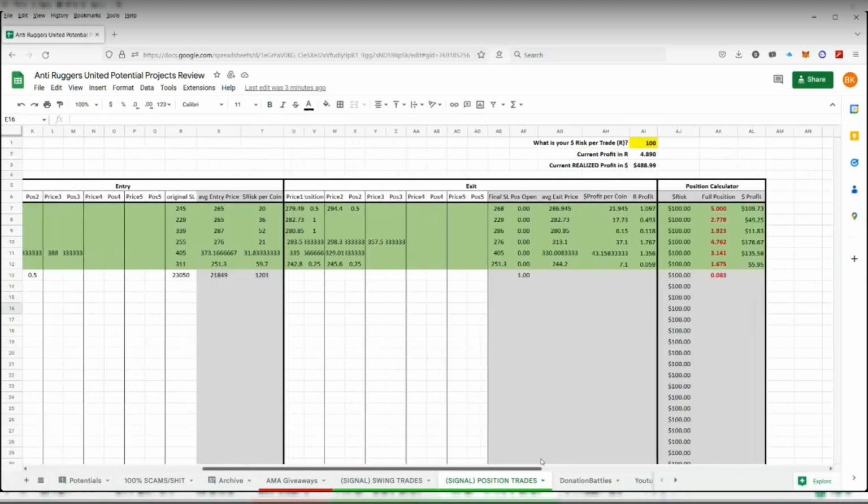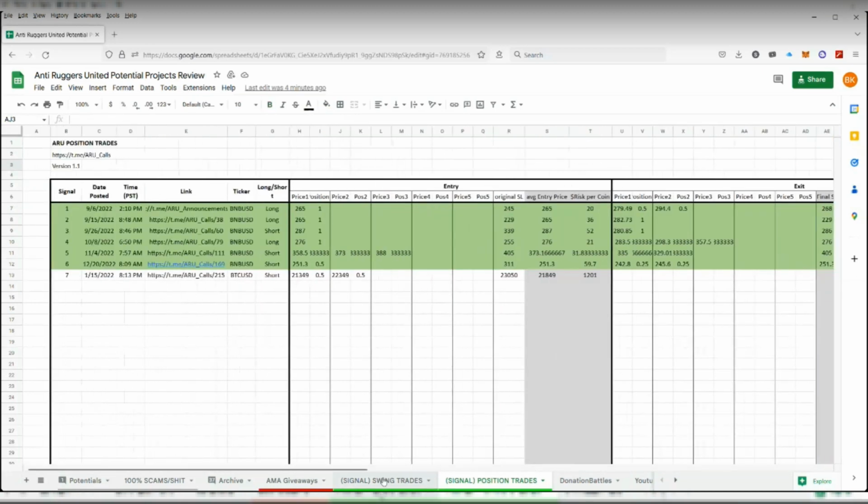So if you look at here, the R is not as great because they're much bigger positions. The stop losses are much further away. They're more of a long-term trade. But even then, all of them are winners, every single one. And we still got a 4.89 R, which means if you risked $100, you still would have made $500 on these position trades.